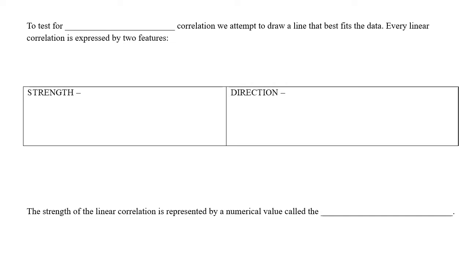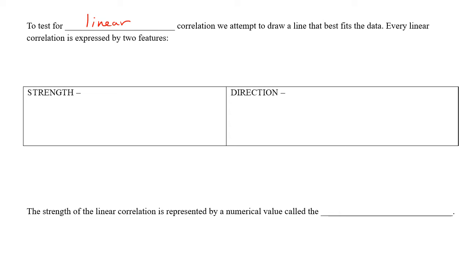Now, to test for a linear relationship, we'll be testing for linear correlation, where we're going to see how well the data fits to a straight line. And there's two important features that we have when we're looking at a linear correlation.